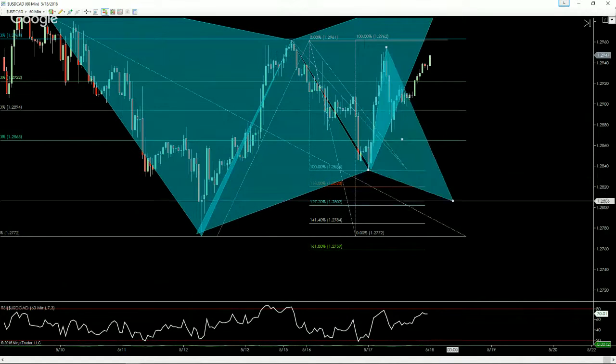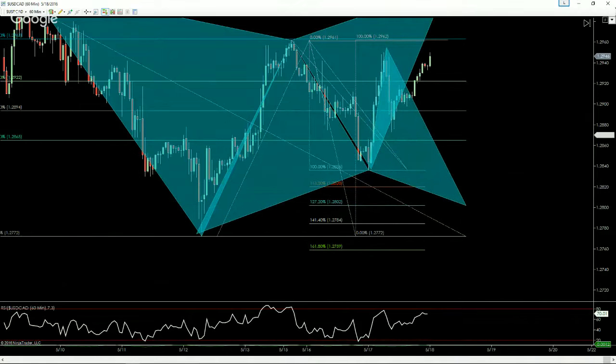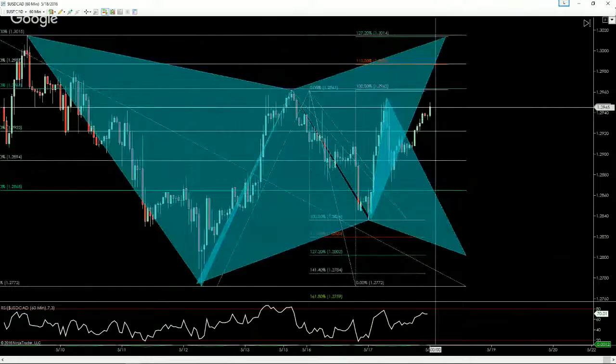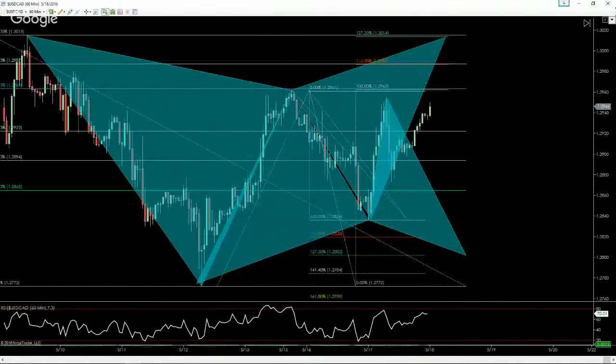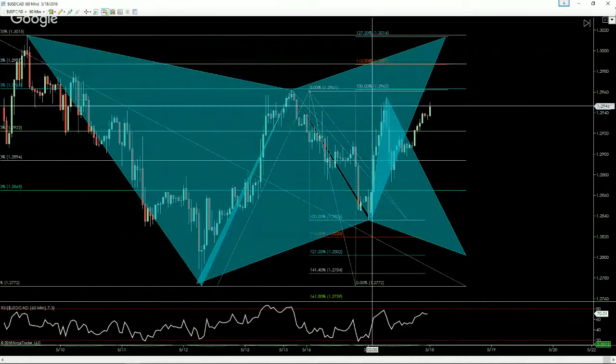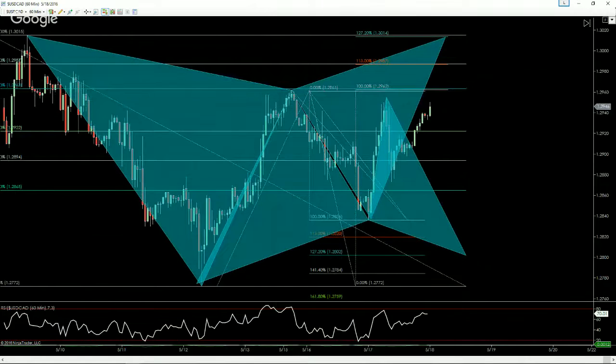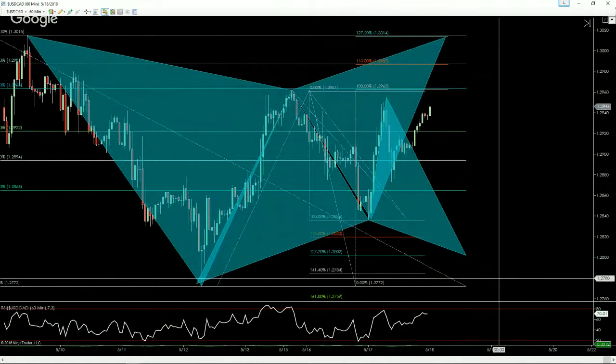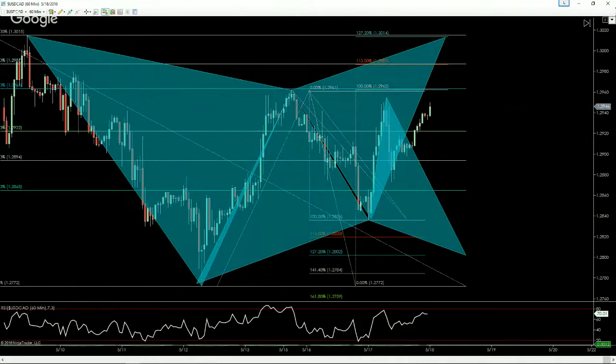If price comes back down before going up to that bigger Gartley pattern, then we're looking at another bullish Gartley pattern. That way you can take advantage of two trading opportunities if price does not violate this level right here.